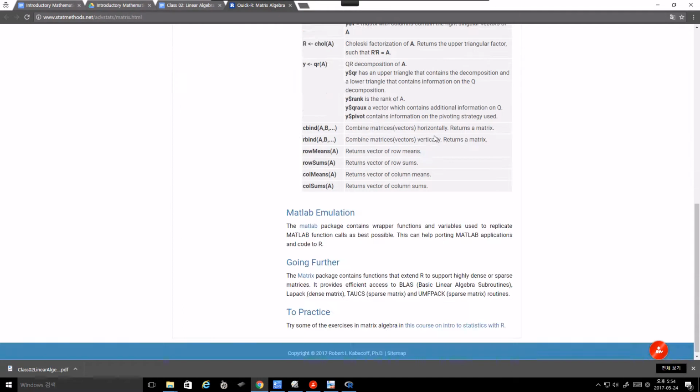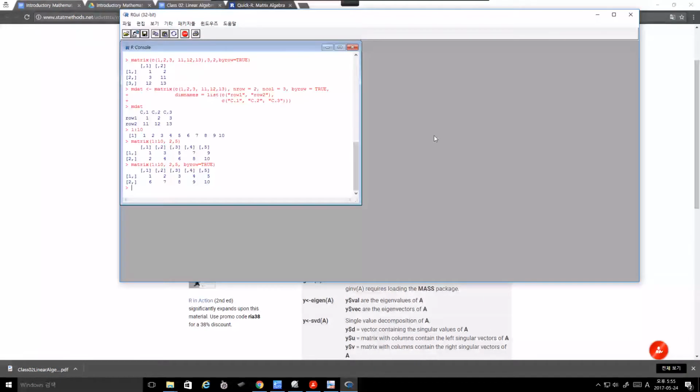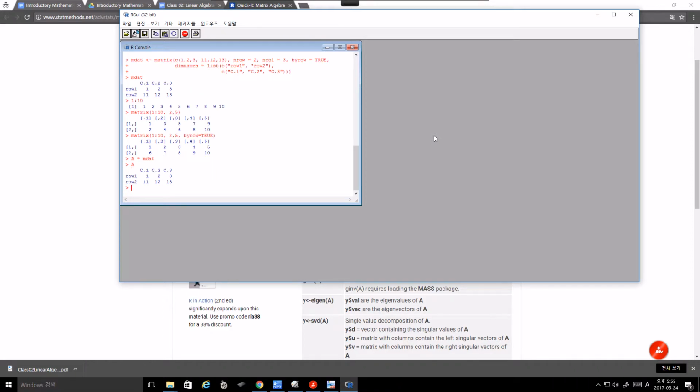So first, let's write down A as a matrix. Okay, let's write down M that A equals M that we just defined, and let's define B as the matrix 1, 2, 6, 2 rows, 3 columns.